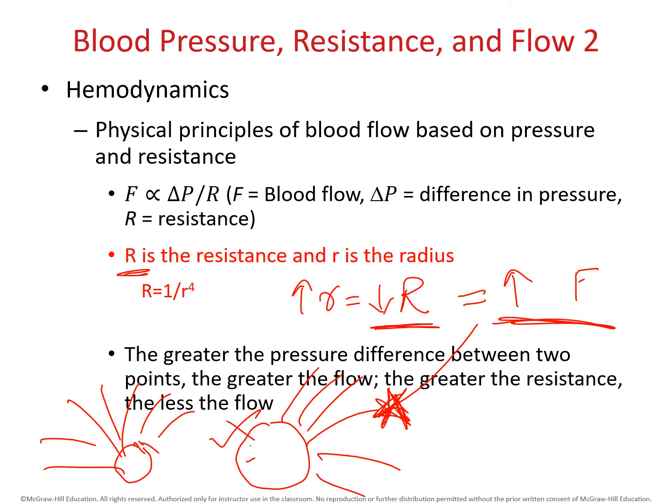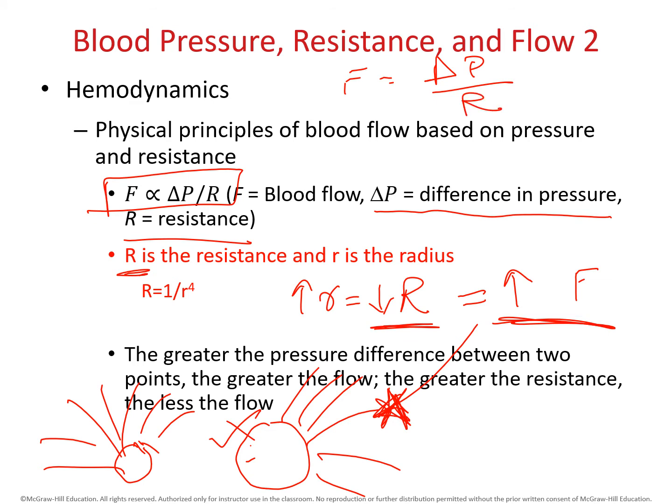And that's pretty much what this formula over here talks about. Flow of blood is equal to delta P, which is the difference in pressure, divided by resistance.